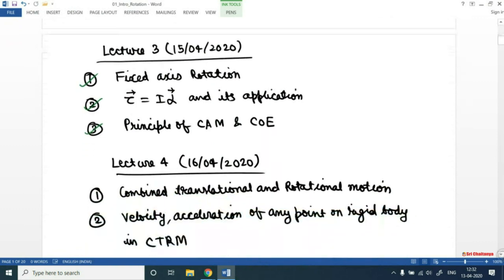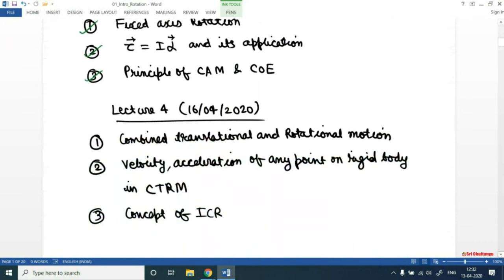In lecture number 4 we will talk about combined translational and rotational motion. Then we will look into velocity and acceleration of any point on the rigid body in combined translational and rotational motion, and then the concept of instantaneous center of rotation, which we will discuss in detail.